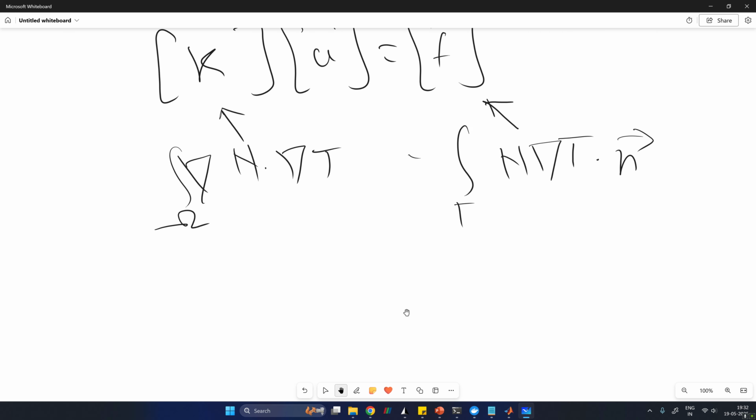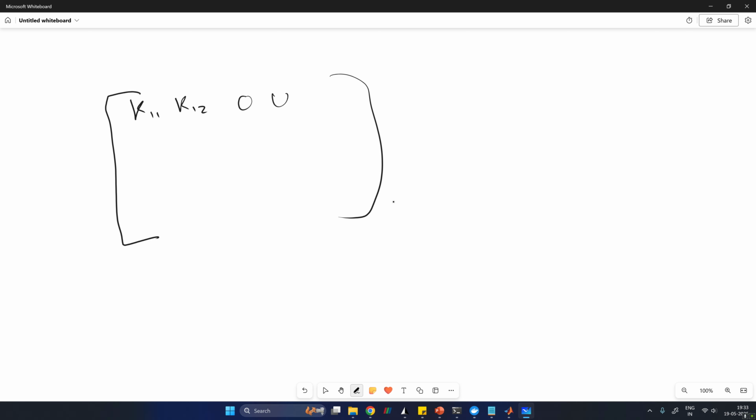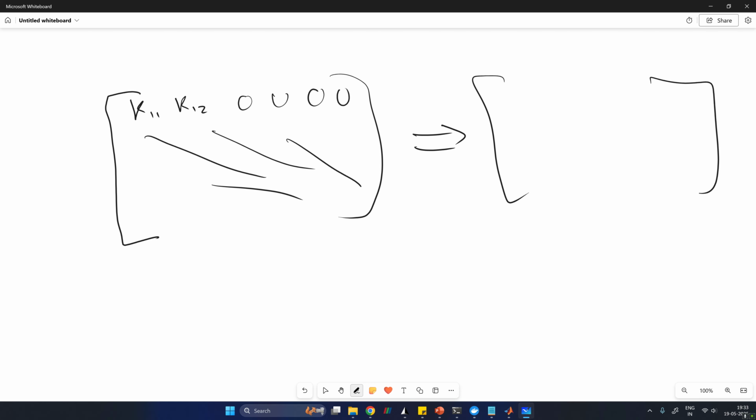So one way of thinking of the flux is that, if you remember the Dirichlet conditions that we enforced, we just had some entries here like k11, k12 and 0, 0, 0. So we just modified this matrix by putting all the stiffness matrix entries as 0, and we just put 1 at the diagonal element.